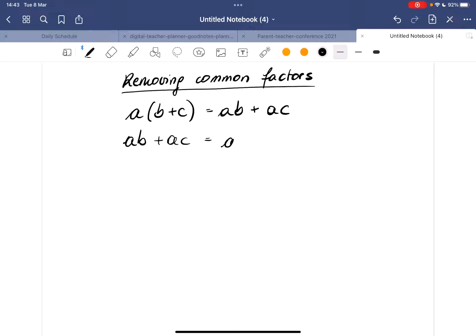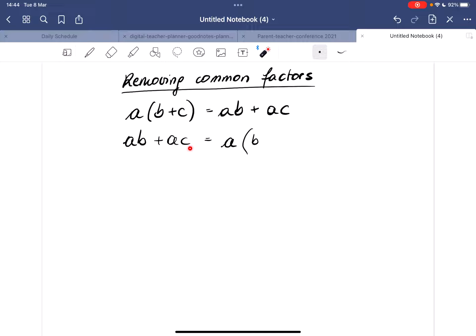So we have here A times, and then A times what? What do I need to multiply A with to get AB? I need to multiply A with B to get AB.